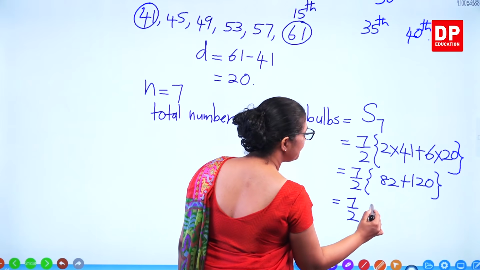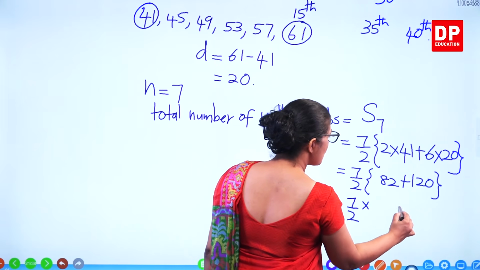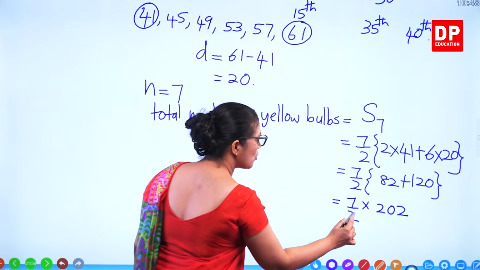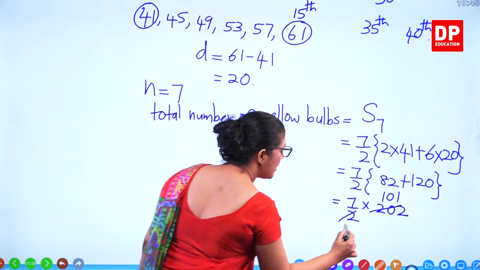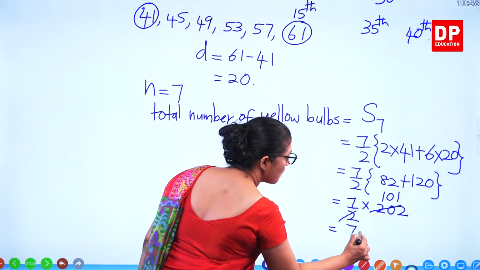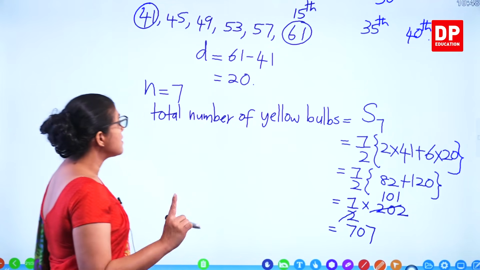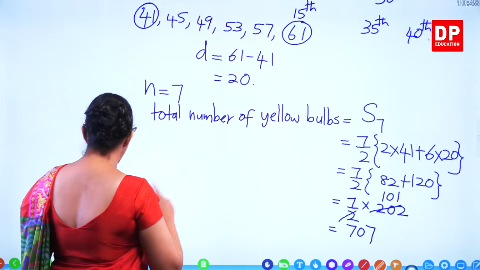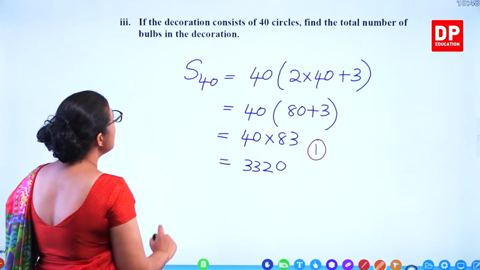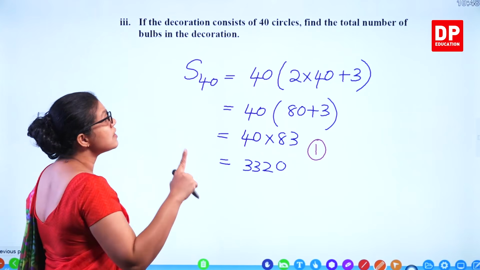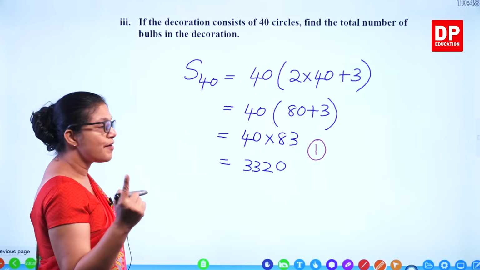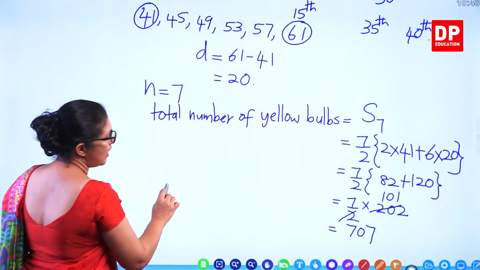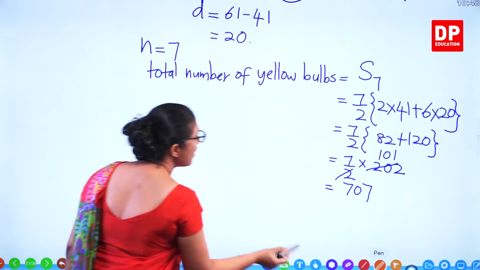Seven over 2, times 202. So here 101, multiply by 7, 707. So this is the number of yellow bulbs. And we found out previously the total for 40 circles, 3,320. So how many red bulbs are there? You can subtract.